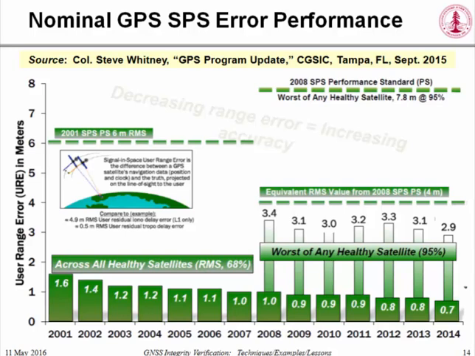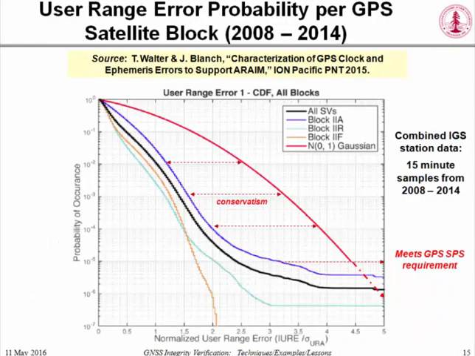So you can see, since 2008, the difference between typical satellites and the oldest satellites remaining. As these satellites get retired, and in fact all of the Block 2As have been retired, this number slowly gets better. And this is really tremendously low URE for the civil signal without corrections. Much better than we would have anticipated back when we started 20 years ago.